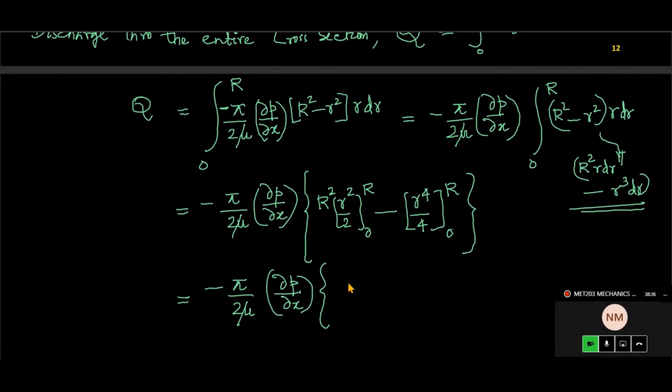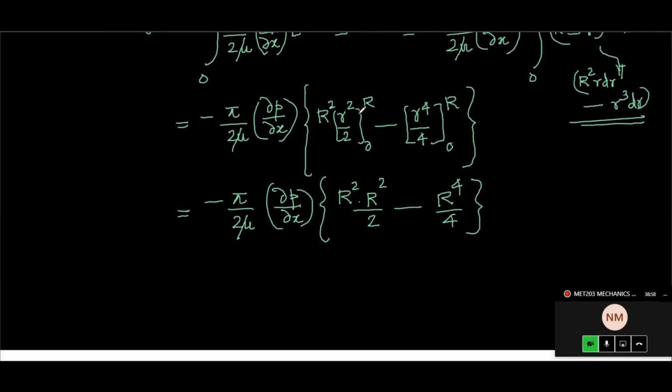What you are going to get is capital R square times capital R square by 2, and the lower limit part is 0. Then the second is capital R raised to 4 by 4. So this is what you get.